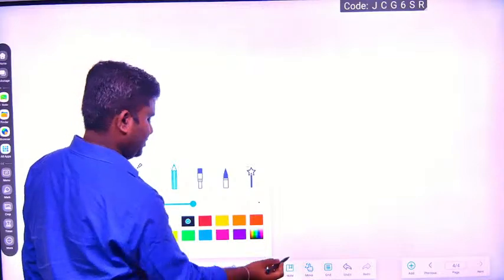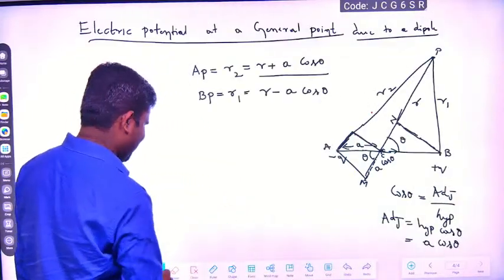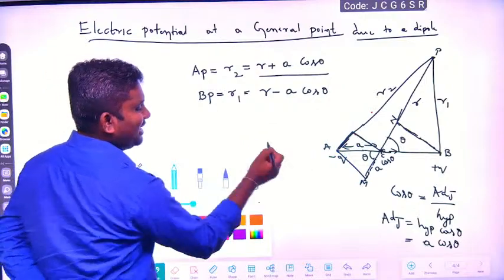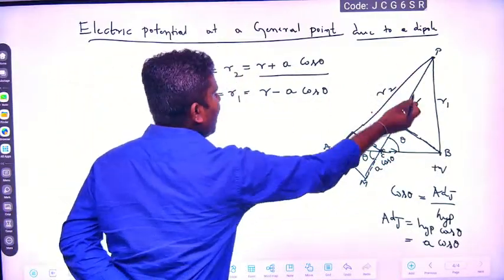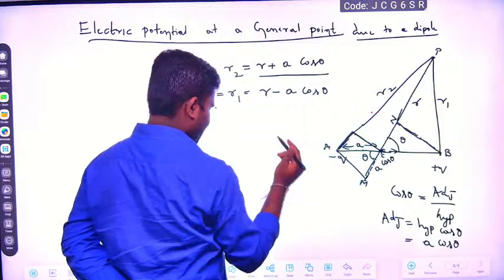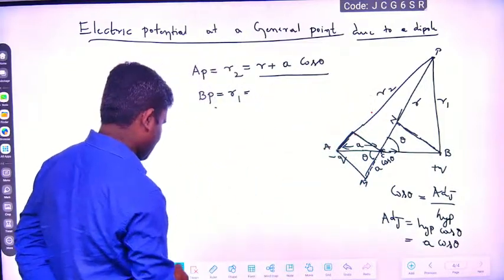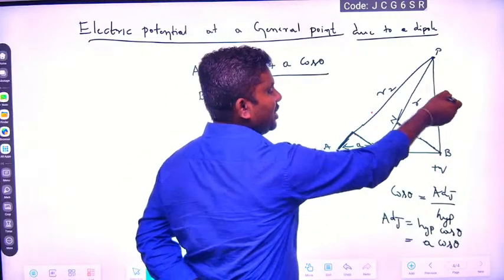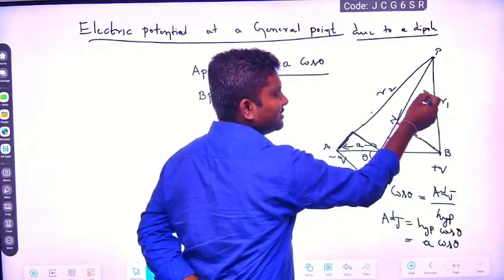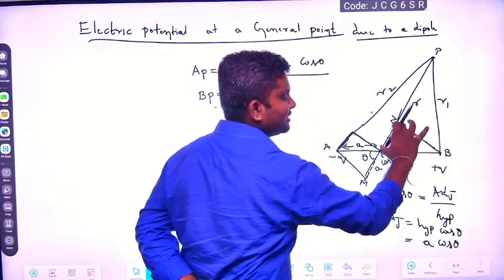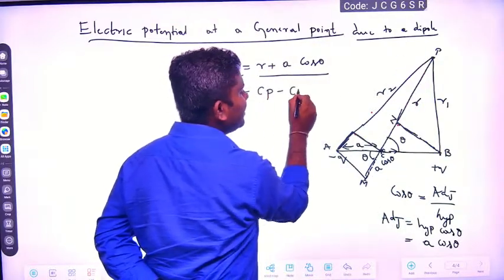So what I am telling is BP. One minute. I did it, don't feel bad. Okay, so what I am telling is this BP is equal to R1, which is this plus this minus this, total distance minus this distance. What is the total? CP minus CN.